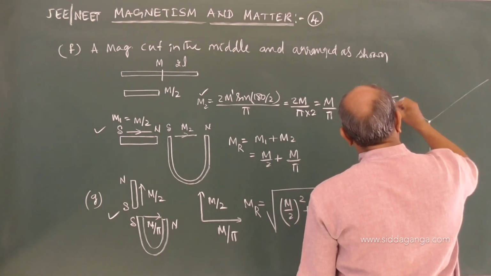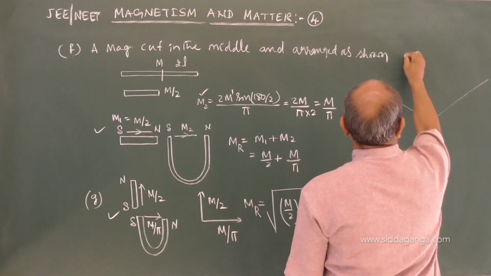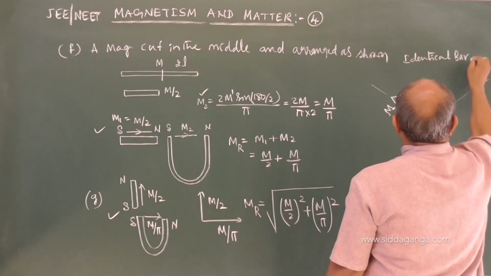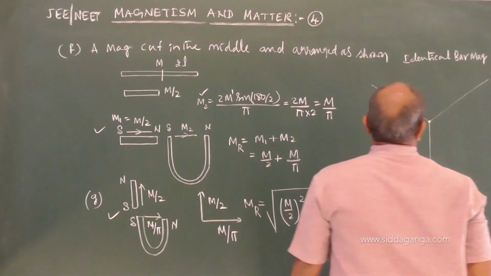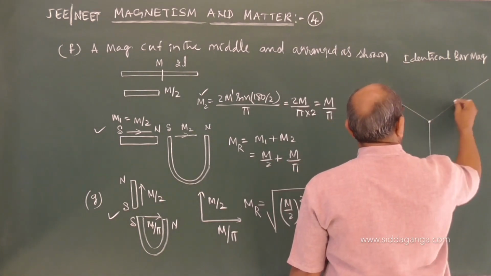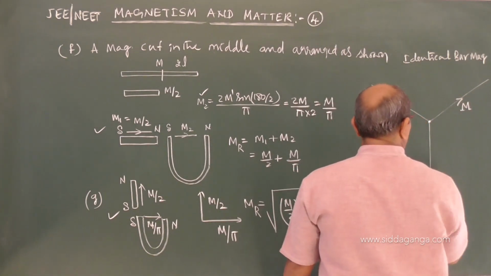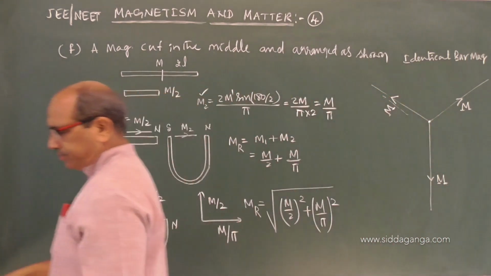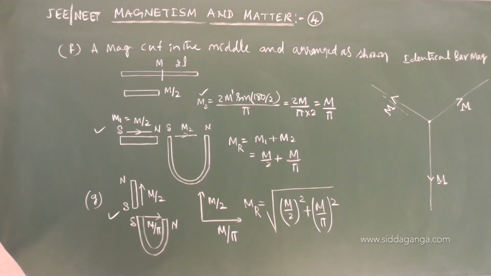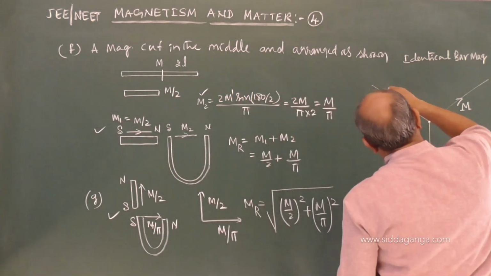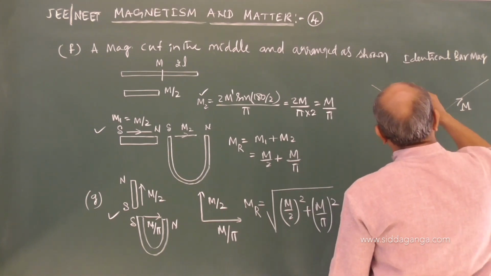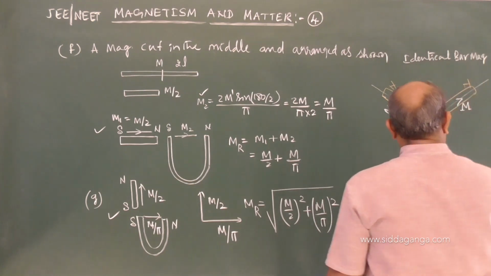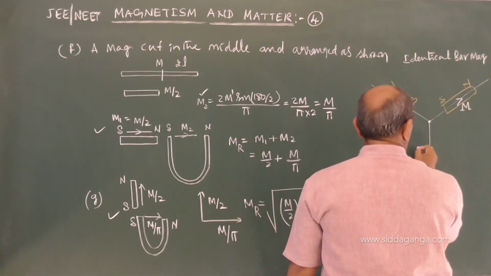The moment m, identical bar magnets, if they are arranged in that way, M is acting one way, and the moment of this is on the other side and downward. This is the magnet, south and north, and here place the magnet south and north, and it is also placed like this with south and north.